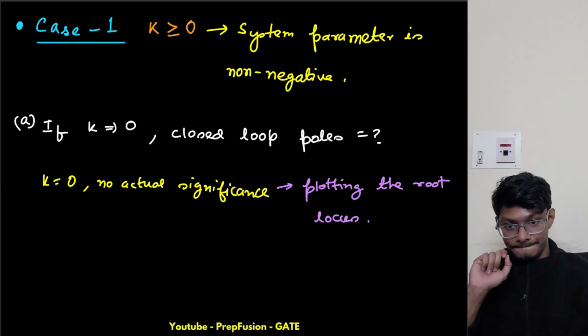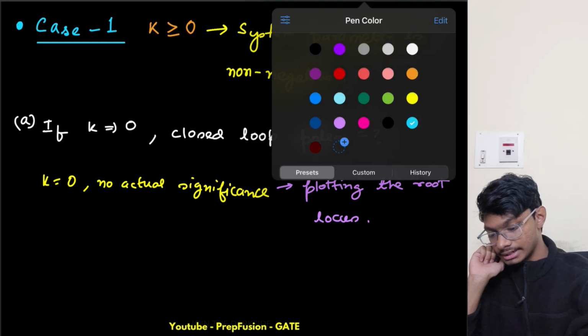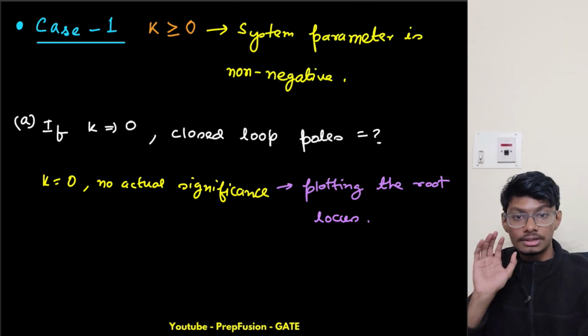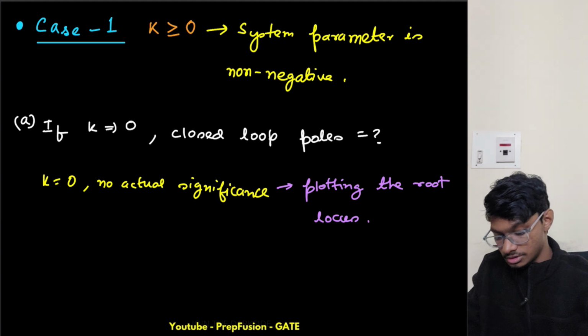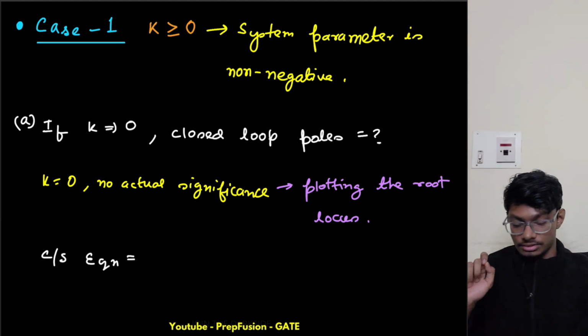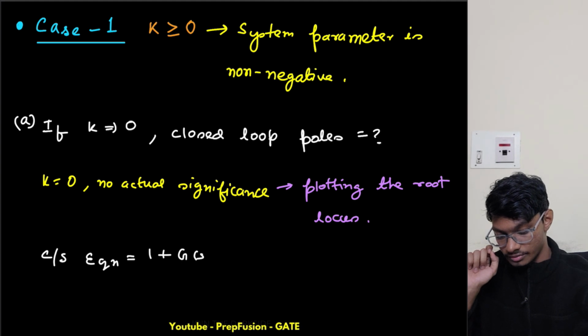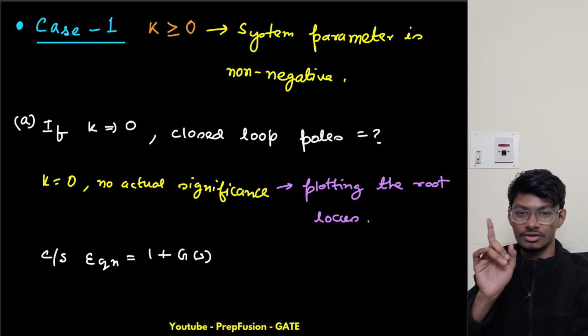Okay, so now let's write my characteristic equation. It is 1 plus G of s equals 0. Now let's assume my G of s has only one pole and one zero.